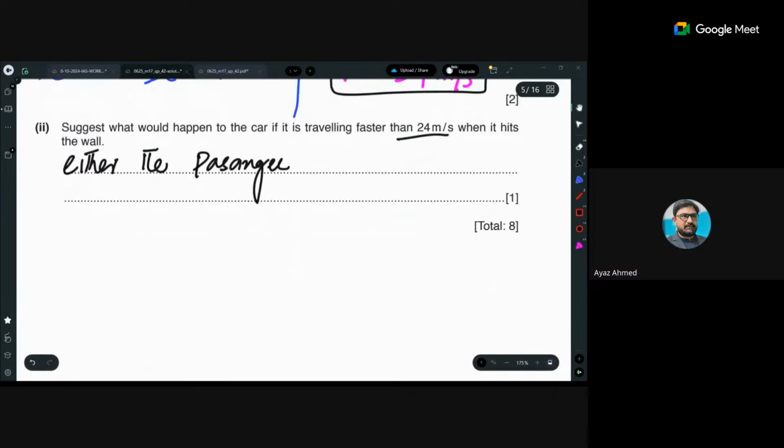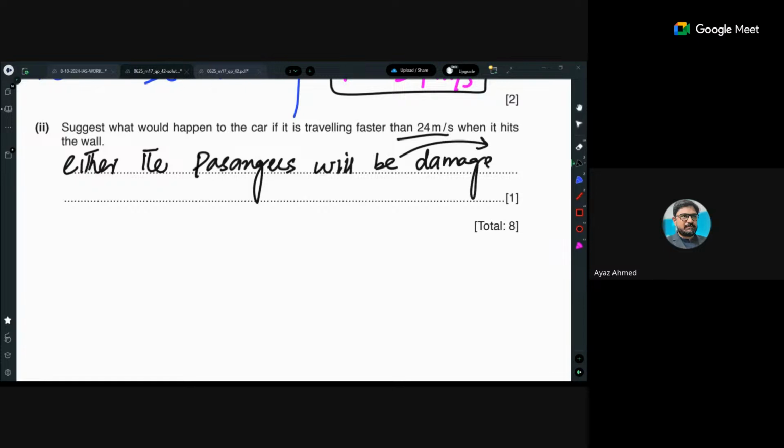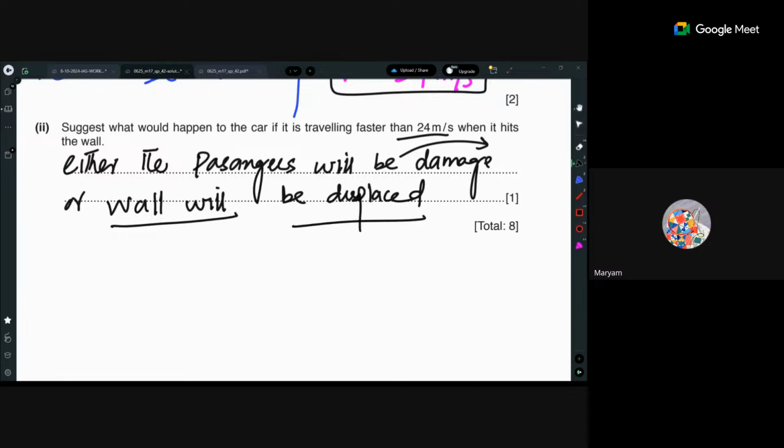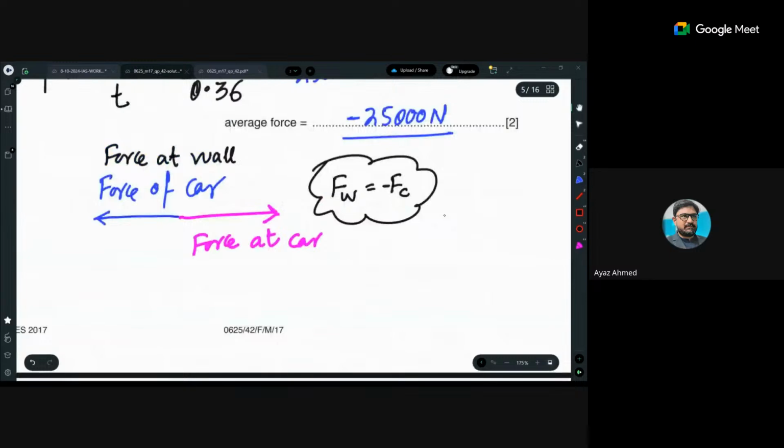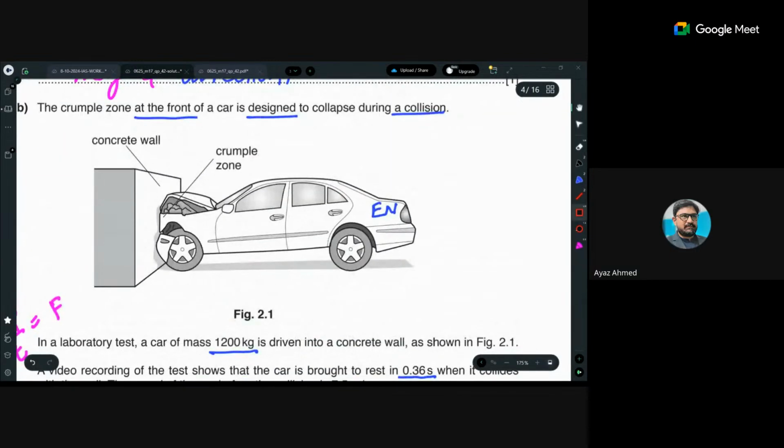So either the energy will be transferred to damage the passengers, or the seatbelt does the work. Or our wall will be displaced. If you have more energy, the car would cause a displacement of this concrete wall. It will move it a little.